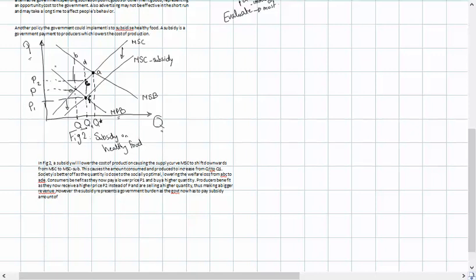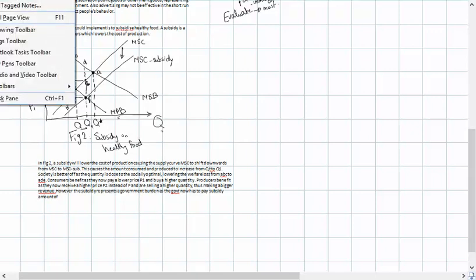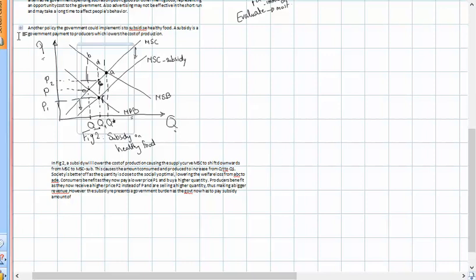Let me really try something out, a la Welker style. Let me put in my pens toolbar so that I can change the color. And so, where is my pen? There it is.